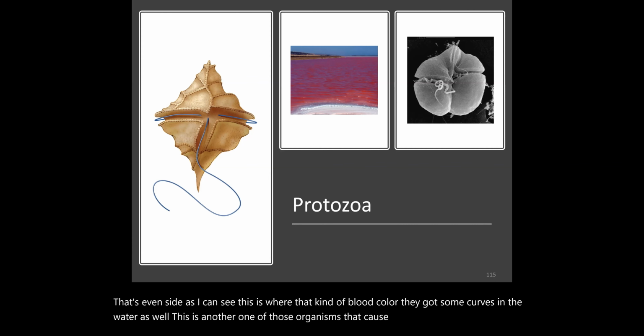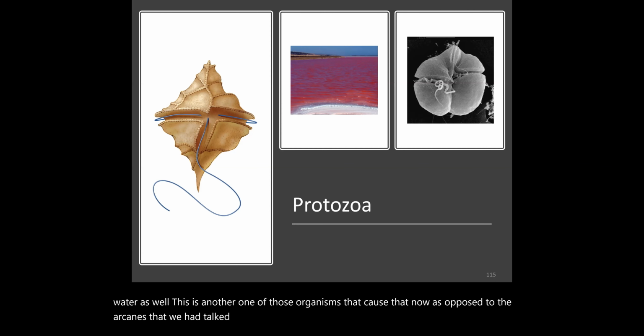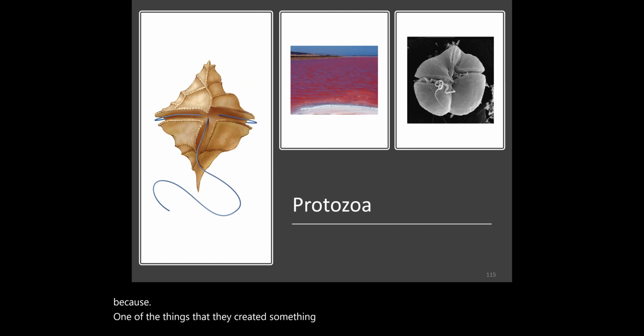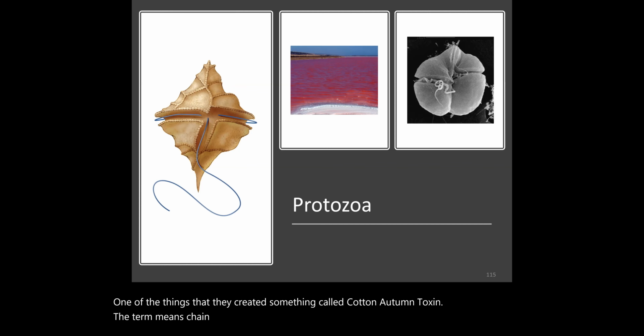Now, as opposed to the archaeans that we had talked about in the last topic, these ones actually happen to be toxic. Because one of the things that they create is something called a ciguatoxin. The term means chain in case you're wondering about the term. They also create another toxin called the brevetoxin. And both of these are neurotoxins.